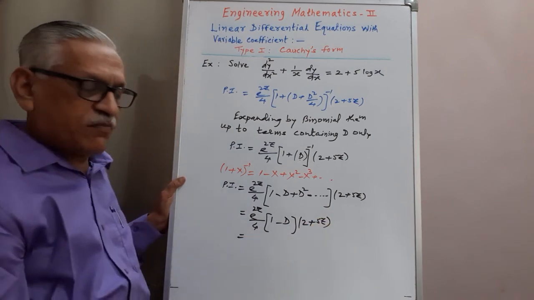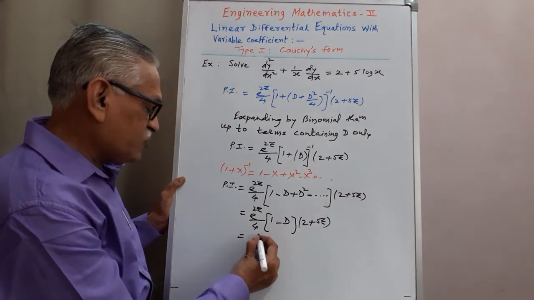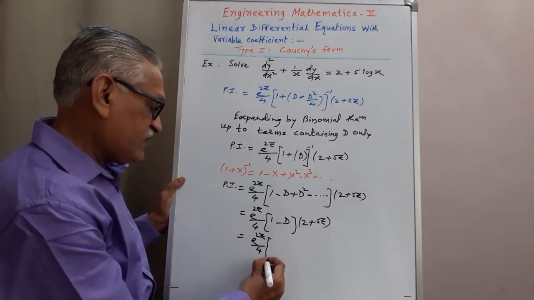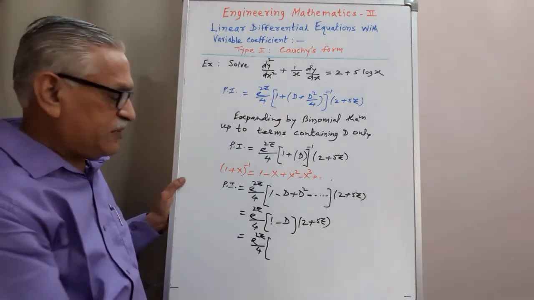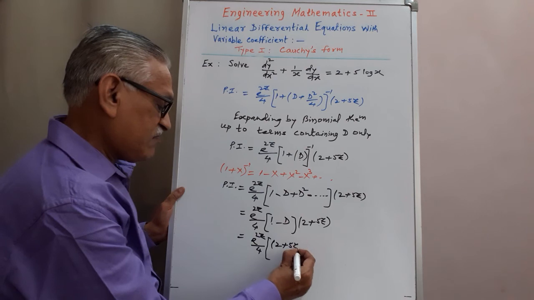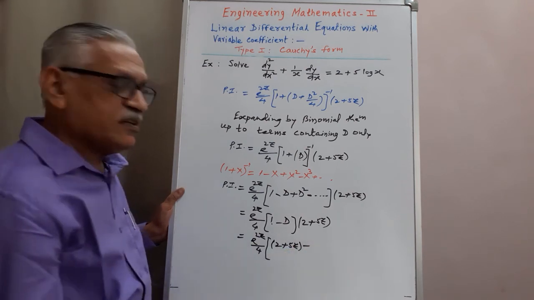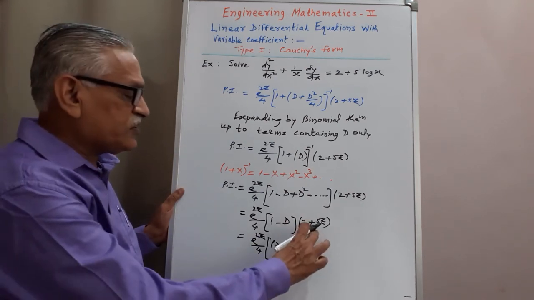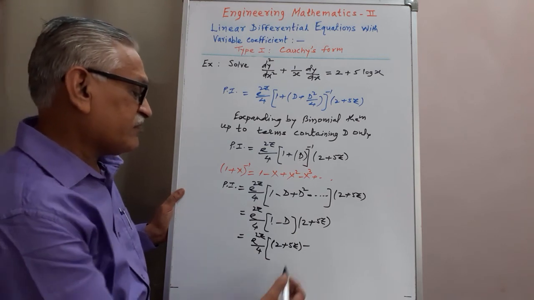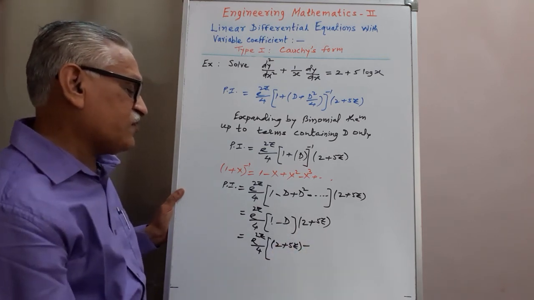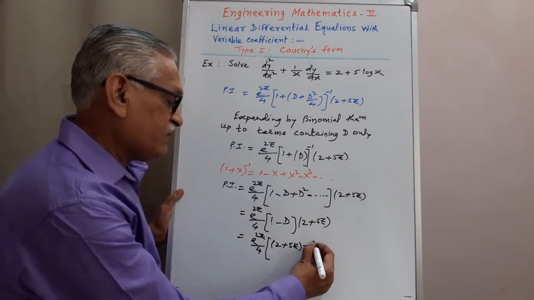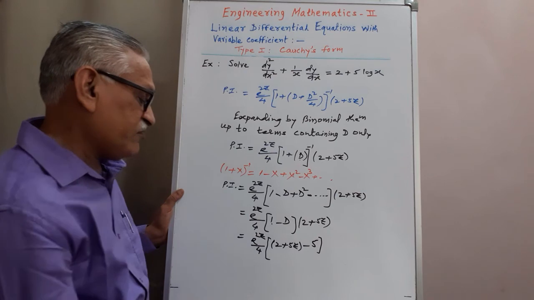Operating term by term, we get e raised to 2z by 4. 1 into this, we get the same term, that is 2 plus 5z, minus d, the derivative of this with respect to z, and the derivative of 5z with respect to z is 5, therefore minus 5.